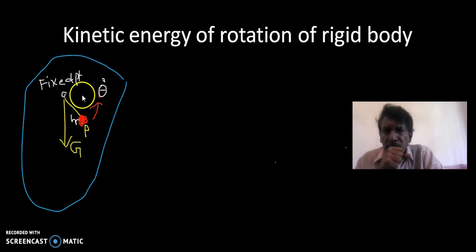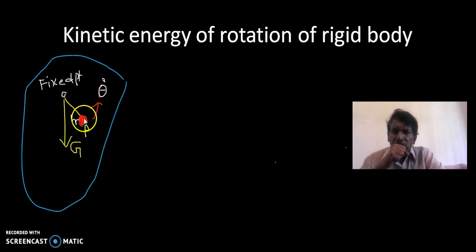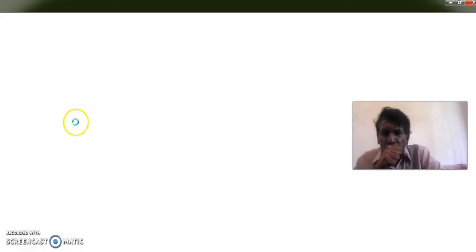This is a fixed point on this rigid body, and here is a small mass. I am taking the small mass as m.